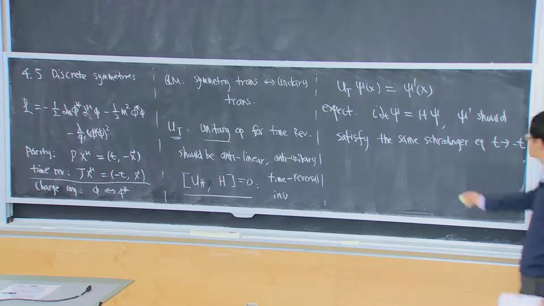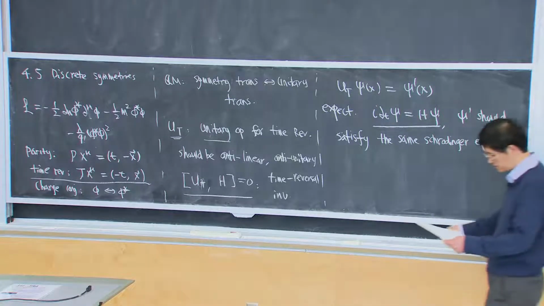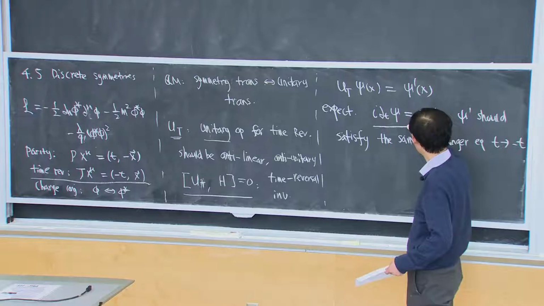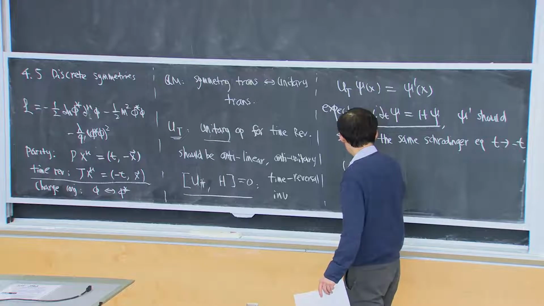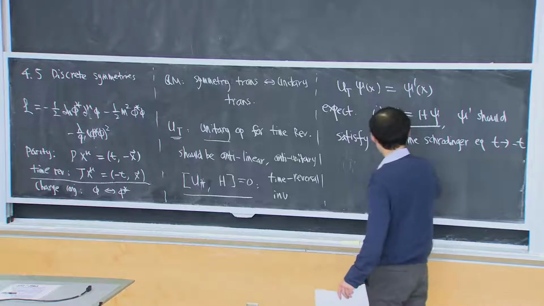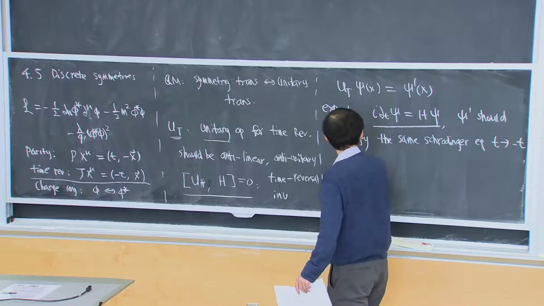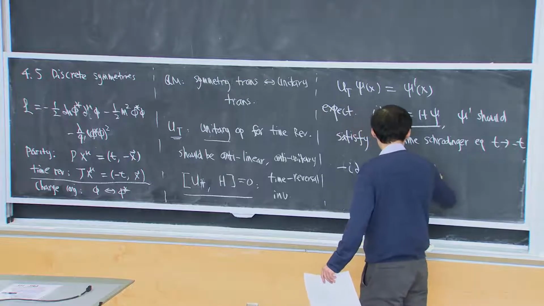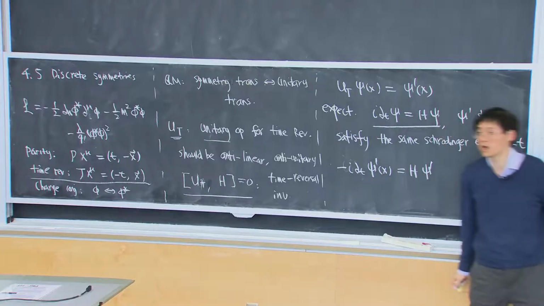So now let's try to do that. Let's start with this equation. Which means that psi prime should satisfy the following equation: you just take t to minus t, and then you get an additional minus sign.